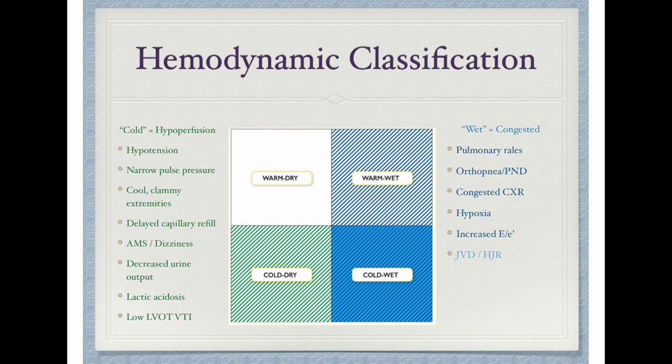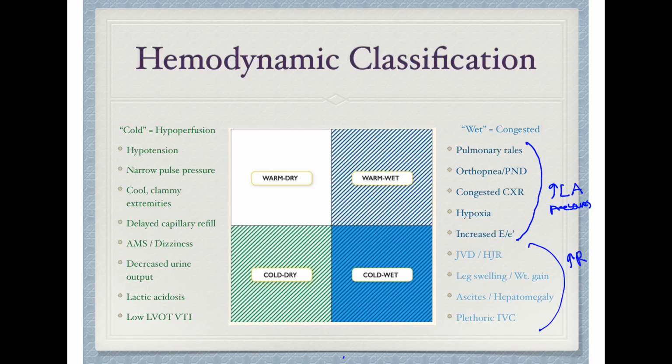There's also findings of JVD, or hepatojugular reflux, leg swelling or weight gain, and ascites or hepatomegaly, with an echocardiographic finding of a dilated, non-collapsing inferior vena cava, or IVC. These particular findings are associated with increase in left-sided pressures, left atrial pressures, whereas these findings are associated with increase in the right-sided pressures.